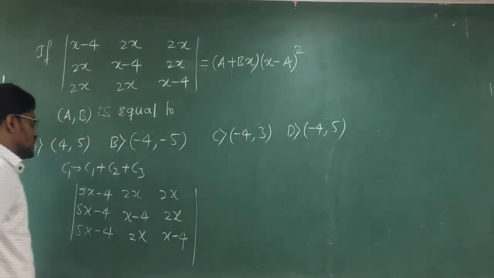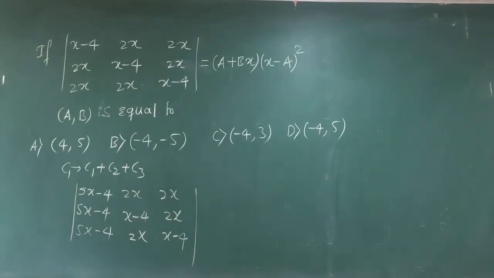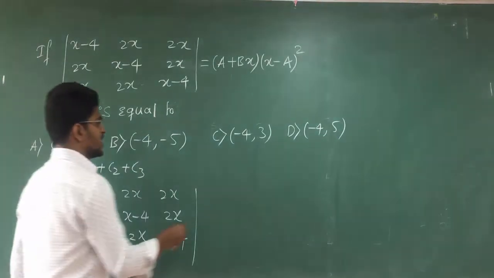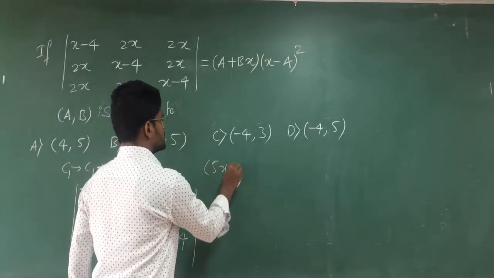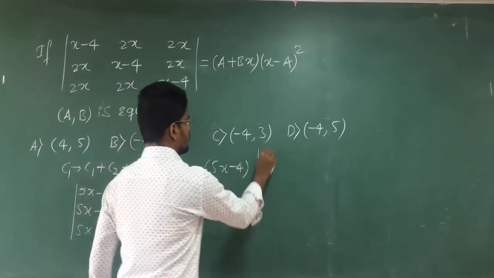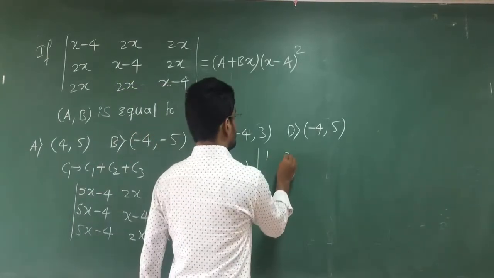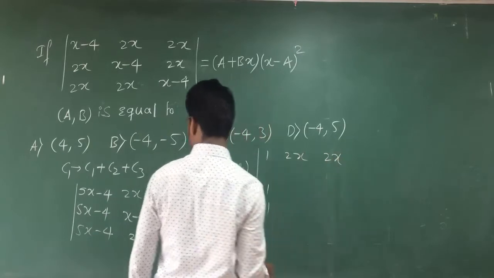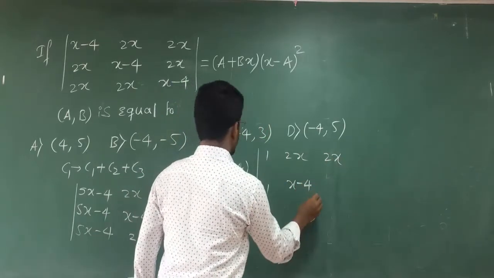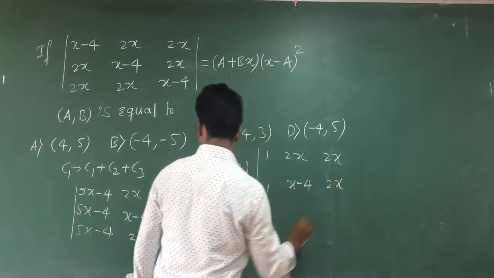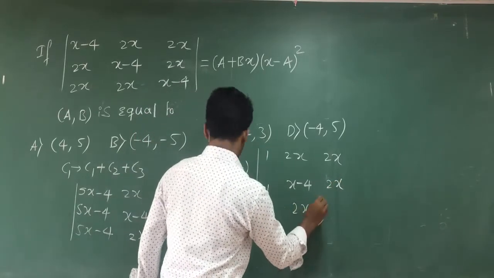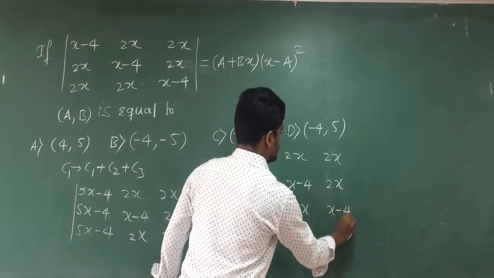Clear? So next what I will do, I will take 5x minus 4 common, no problem. So after taking 5x minus 4 common, what we can write? I will write 5x minus 4 as common. So remaining terms are 1, 1, 1, 2x, 2x, x minus 4, 2x, 2x, x minus 4.